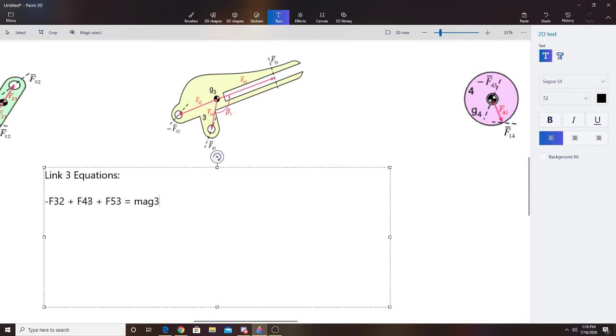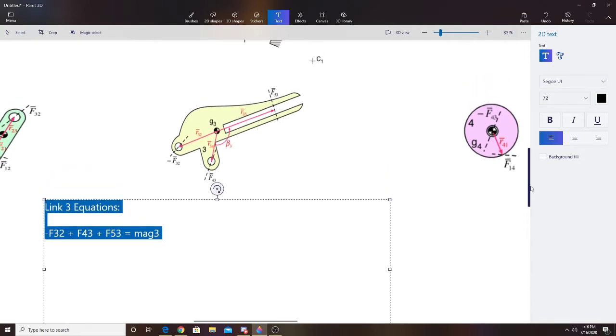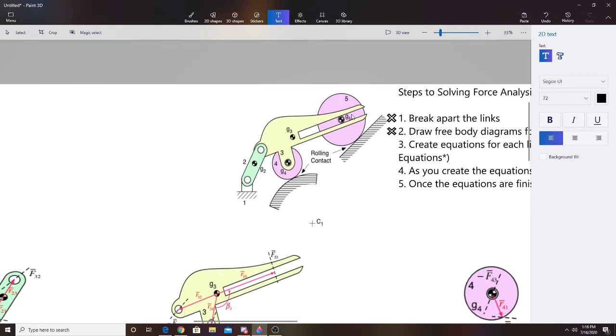Are those forces always given? What do you mean, are they always given? Essentially, if you look at this from the original diagram, you have to determine them. This diagram will not be given.